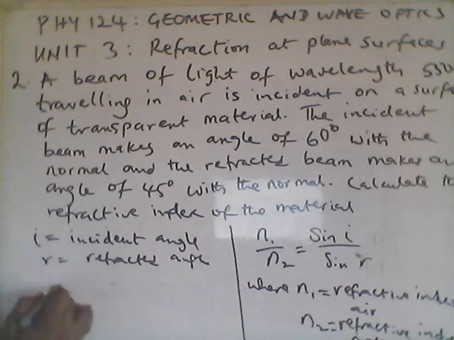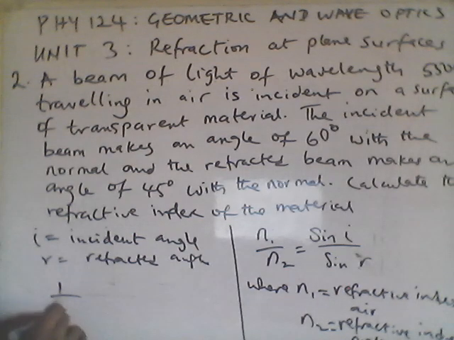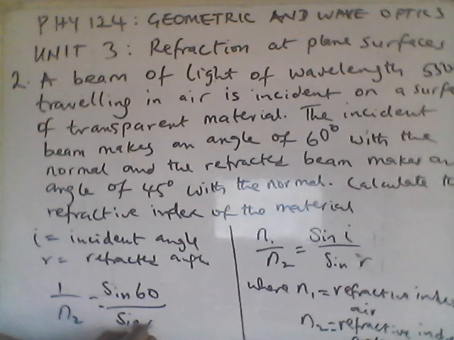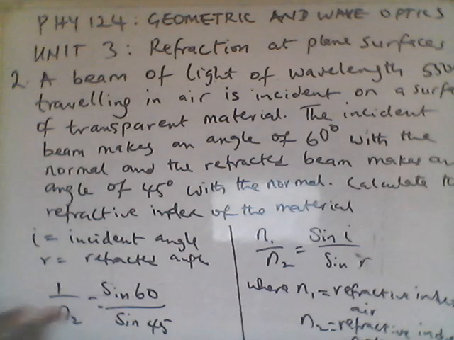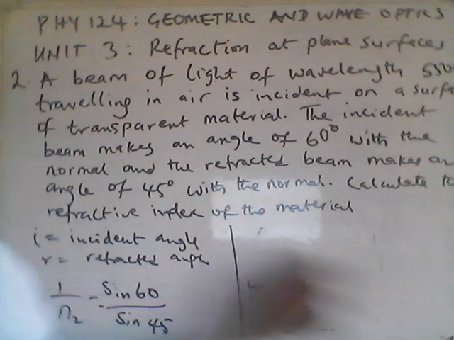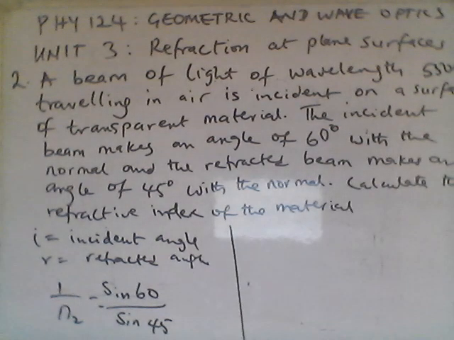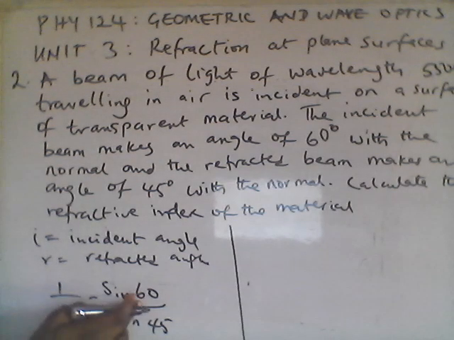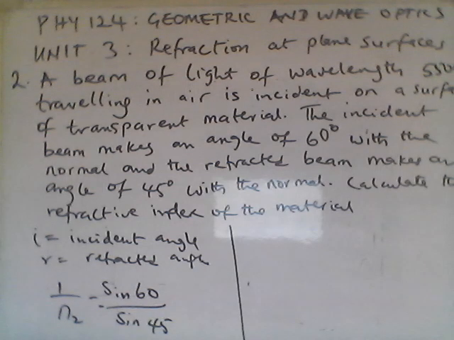I'm writing this formula again. I'll say 1 over the material, N2, which is what we're looking for. The sine of incidence is 60 degrees. The sine of the refracted angle is 45 degrees. At this point, it's just to look for N. So I'll just wrap up at this point. We know that the sine of 60 degrees is 0.866.